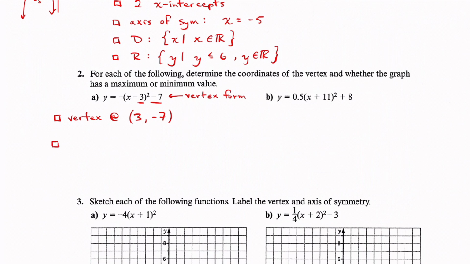In this case, the A value right here in front is negative. So A is less than 0, which means A is negative. Therefore, it's going to open downwards, and if it opens downwards, I'm going to have a maximum. And then again, for part B, you guys can work on that on your own.